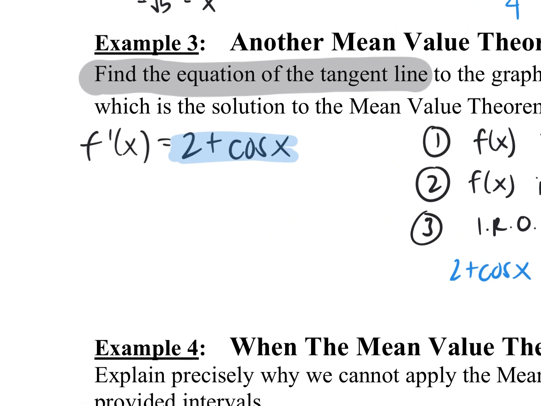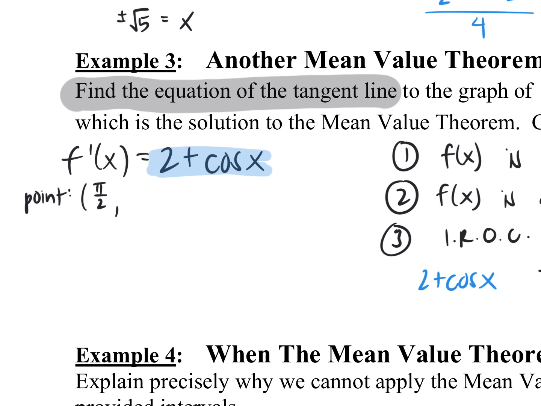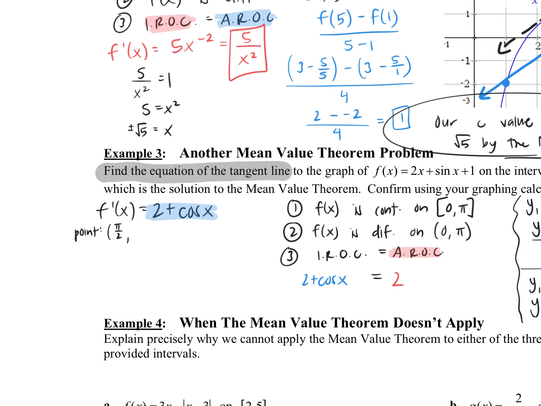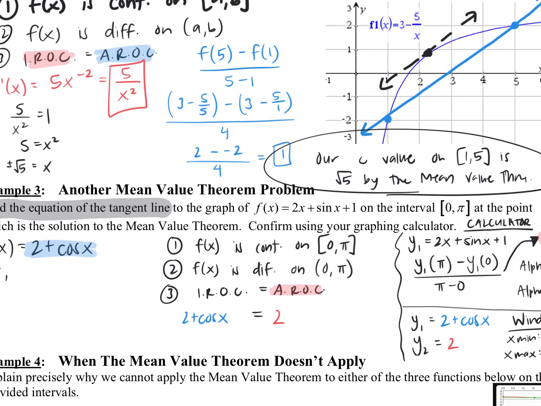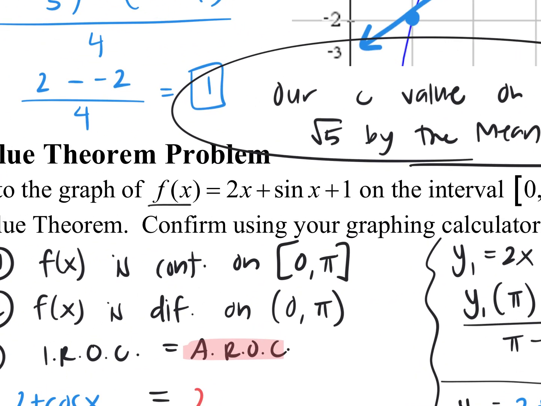I have my point. My point is pi over 2, but then do I know my y value? Yes, I do know my y value. No, that's not my y value of the function, that's my y value of the derivative. So I need to plug that back into the function. f of x equals 2x plus sine of x plus 1.